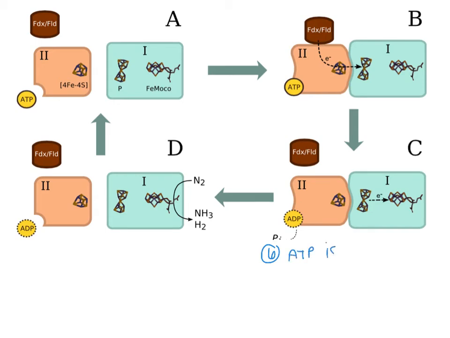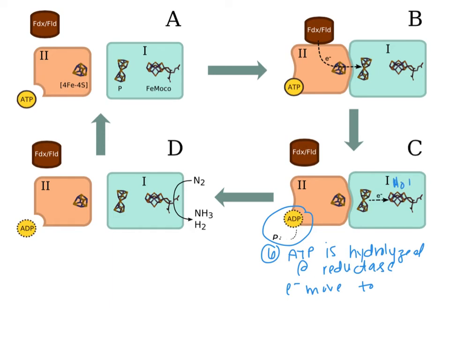ATP is hydrolyzed at the reductase, while at the same time electrons move to the molybdenum iron cluster, the MoFe cluster, of the dinitrogenase. And then finally, step 7.